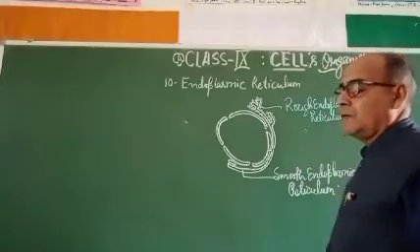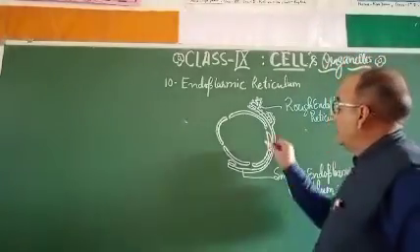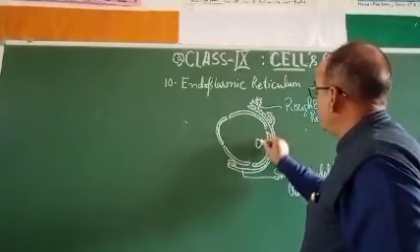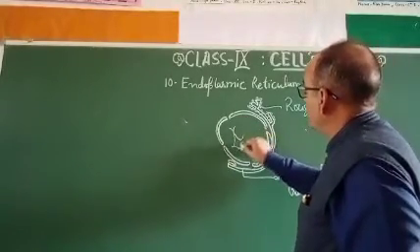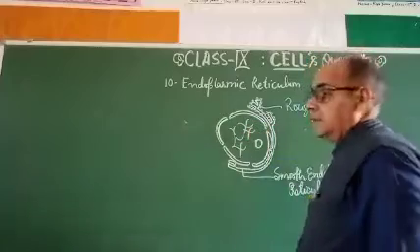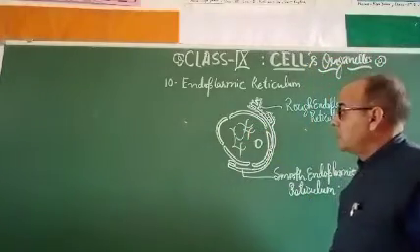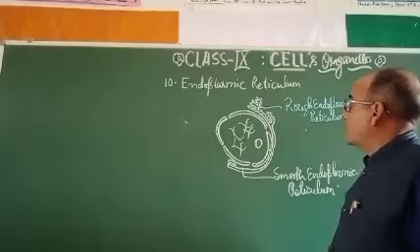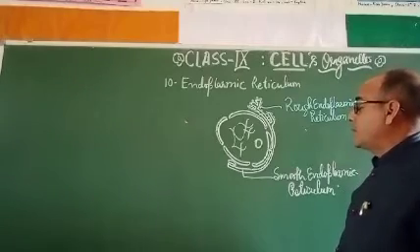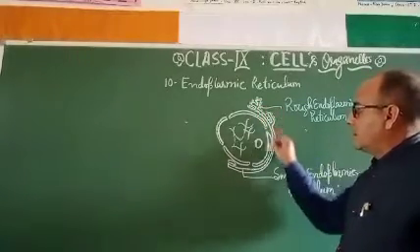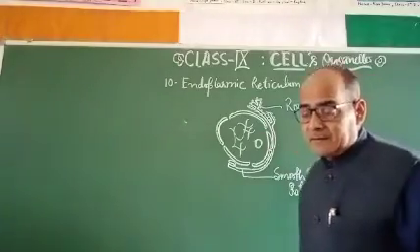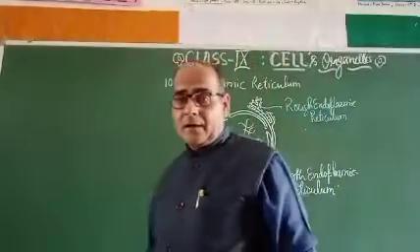Rough endoplasmic reticulum and smooth endoplasmic reticulum. You will see here the nucleolus and the chromosomes, something like this. Okay, so let us discuss the role of these endoplasmic reticulum. These go around the nucleus, and they get suspended into the cytoplasm.